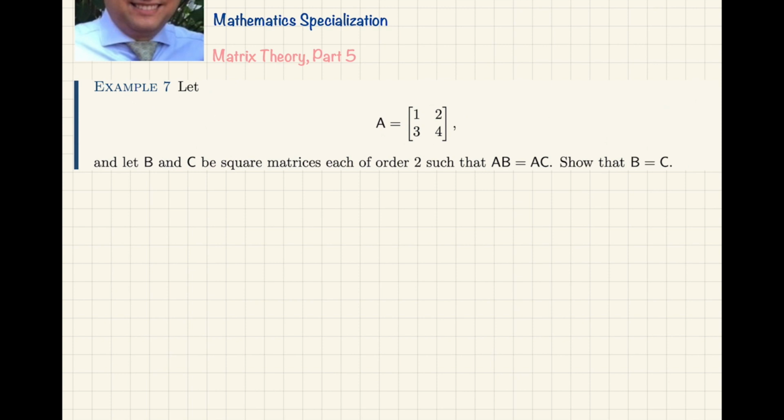Okay, but to get a flavor of that, let me just do this example for you. So let A be this matrix, and let B and C be square matrices, each of order 2, so that AB is equal to AC. Show that in this particular case you can do this cancellation, okay, and conclude B is equal to C. If we have time later, we will learn that a property of this matrix is called determinant.